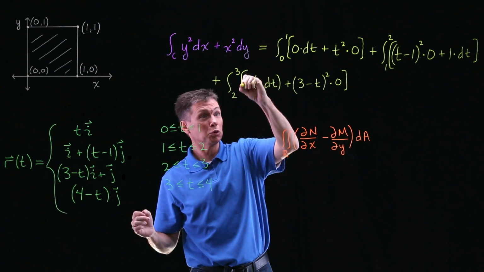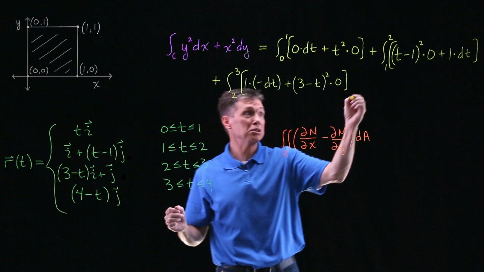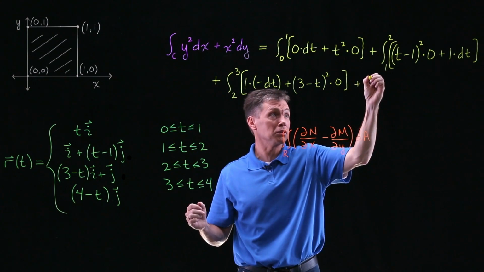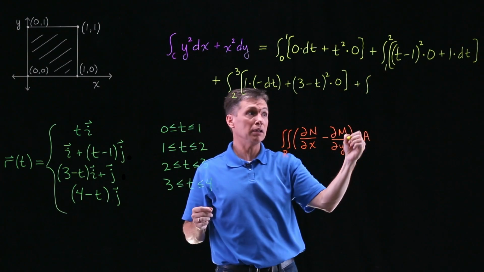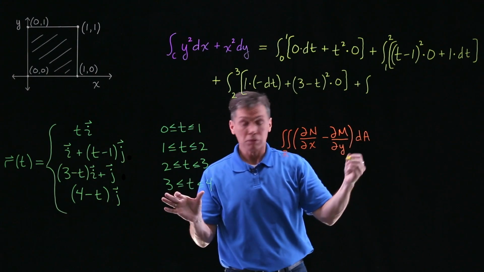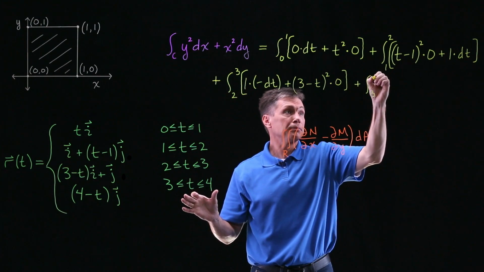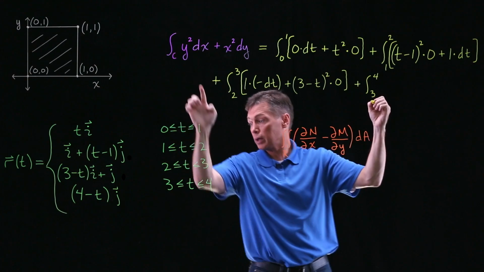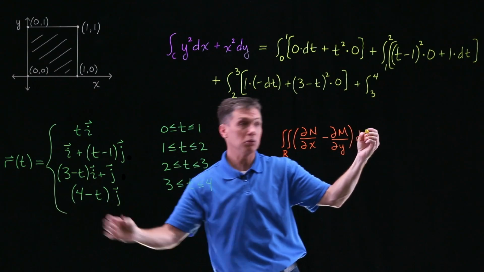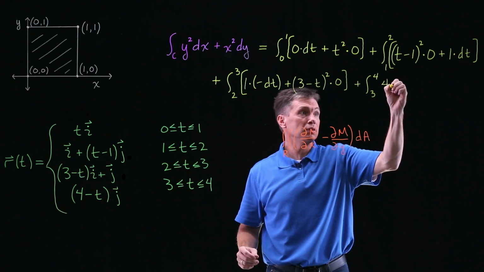And I'm hoping you're appreciating the zeros as much as I am. I'm going to have a lot of this work blank out in the next step. One more integral from 3 to 4. Y squared. My y component is that whole 4 minus t.